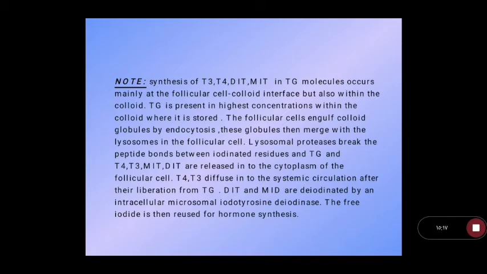These globules then merge with lysosomes, as we said. Lysosomal proteases break the peptide bond between the iodinated residues and thyroglobulin, and as a result T3, T4, mono and di are released in the cytoplasm of the follicular cell. T4 and T3 diffuse into the systemic circulation after their liberation from the thyroglobulin.